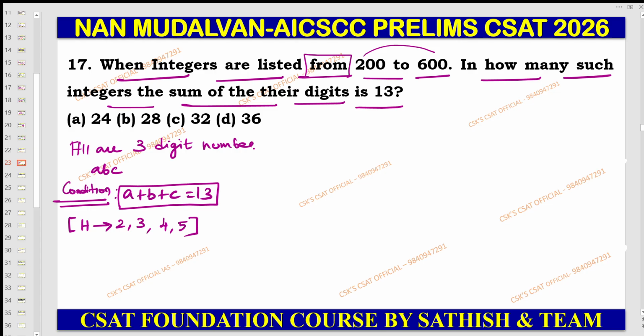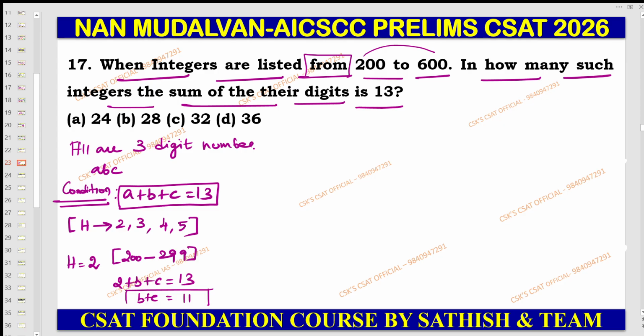Okay, let me tell you how to find out here. Put h equal to 2. The 6 case we will see at the last whether it's possible or not. So h is equal to 2, the 200 series, 200 to 299. So h equal to 2 means the 100's place here, which is A, is 2. So 2 plus b plus c is equal to 13, so b plus c must be 11.